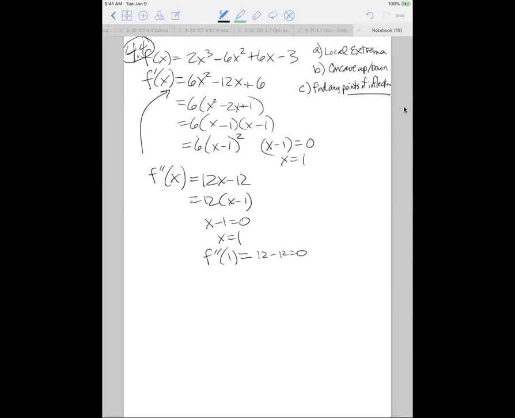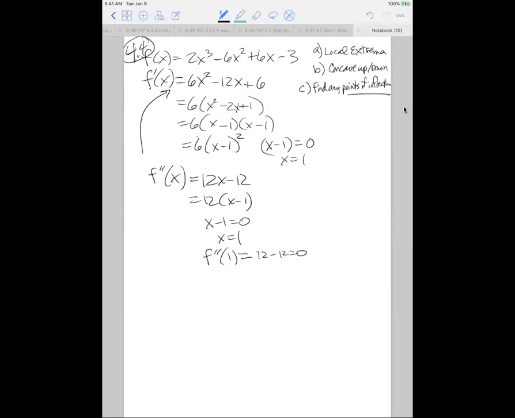What we were looking for is that if I got a positive, it would be concave up, and if it was negative, it would be concave down. Well, I don't get that. So it looks like there is no local extrema. I need to check to the right and to the left, because this is where the second derivative is equal to 0, so it's a possible inflection point.